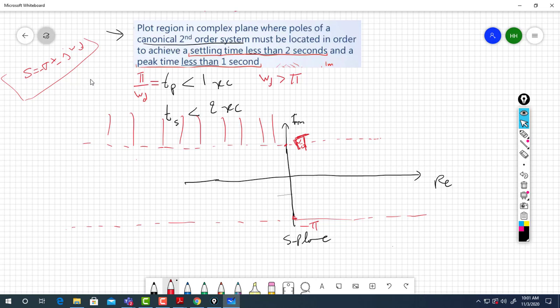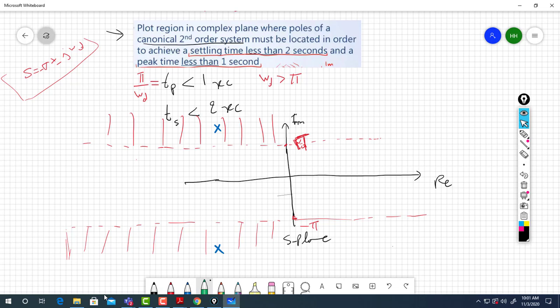Usually the poles for a second order system are always complex conjugate, so I'll be mirrored about the x-axis. So here is where my pole should be located to achieve a peak time less than 1 second. Do you all agree? If you pick any pole in that region, you will have a peak time of less than 1 second.